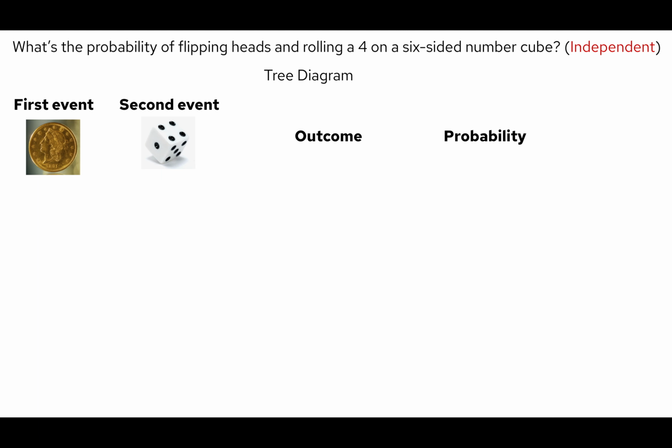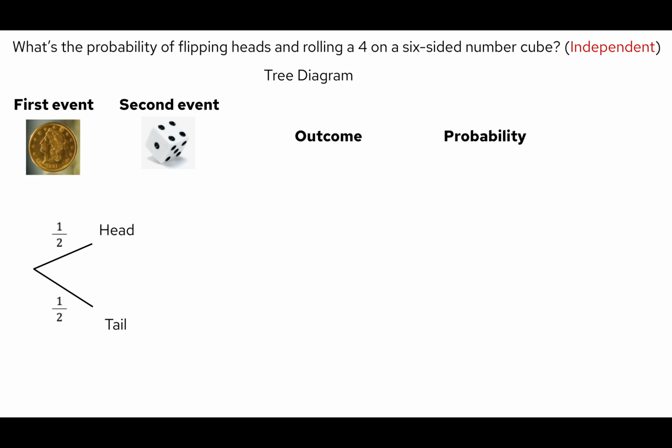The first event is the coin, and the second event is the die, or the number cube. For the first event, I could flip my coin and I could get a head or a tail. The probability of getting a head is 1/2, and the probability of getting a tail is also 1/2. Now I have my second event, which is rolling the cube.